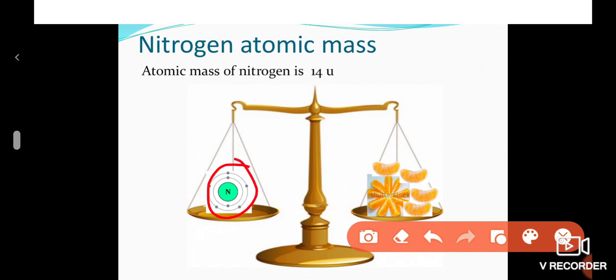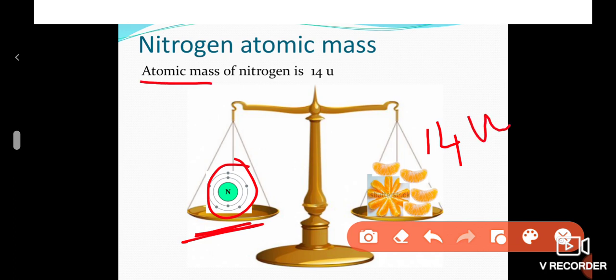This nitrogen atom is equal to 14 pieces of carbon. We know that one piece has the mass 1. Now 14 pieces has what mass? 14 U.